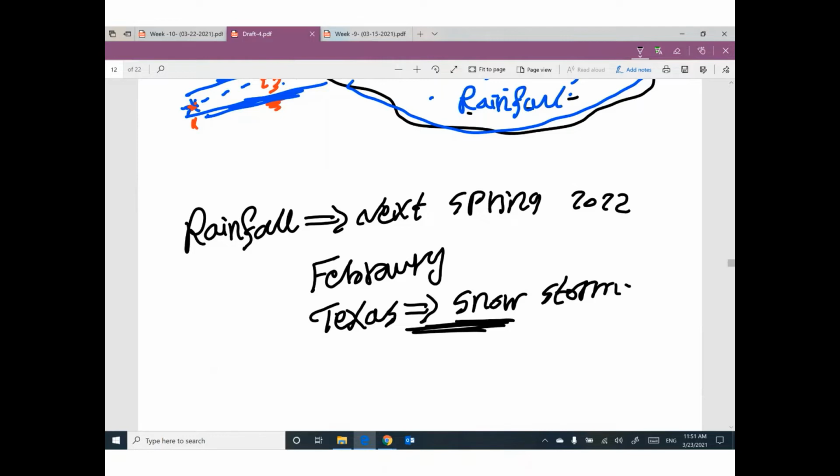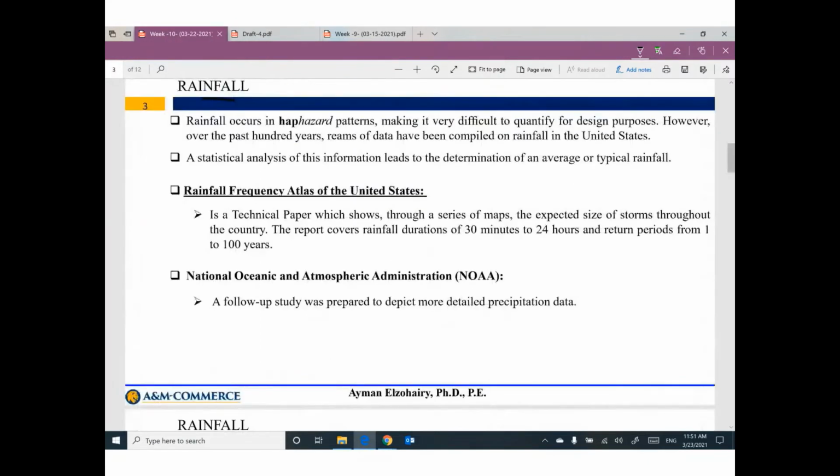Also, we have something in the world right now called climate change. So we are talking about something called haphazard pattern. Rainfall occurs in haphazard patterns. We are expecting, but not 100%.